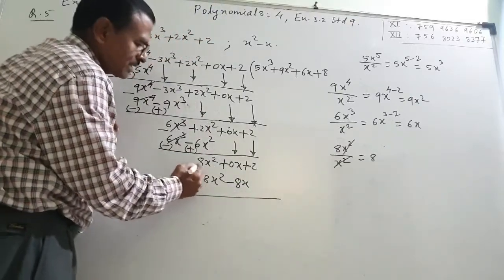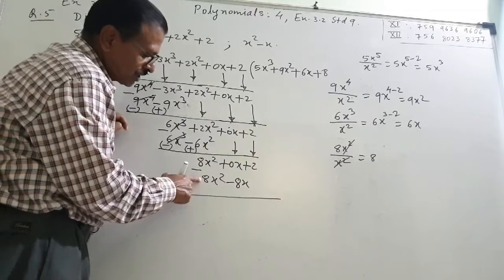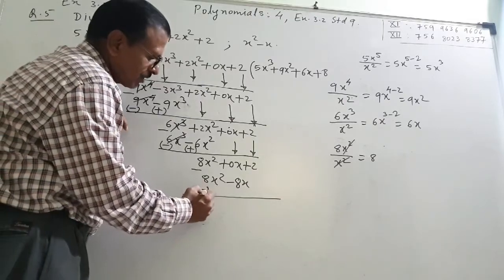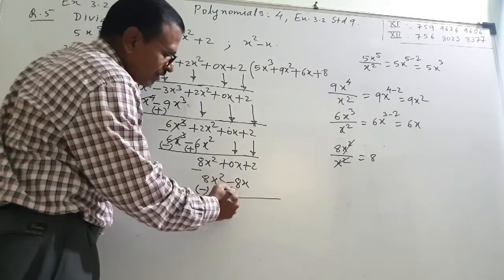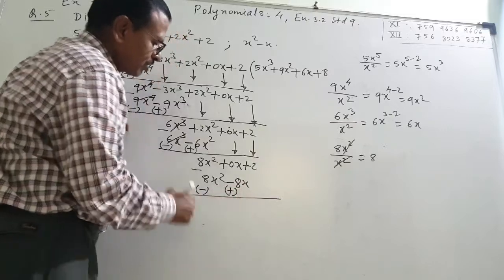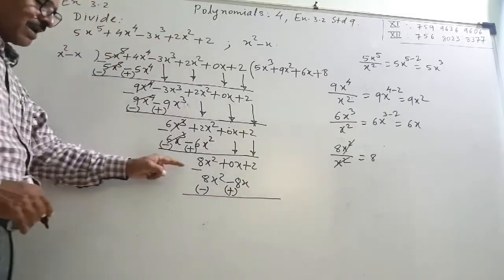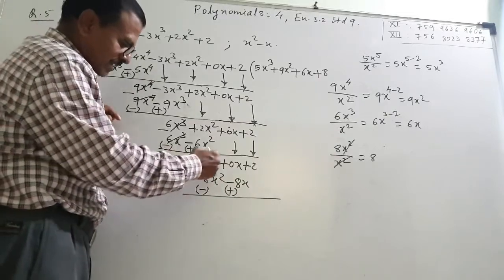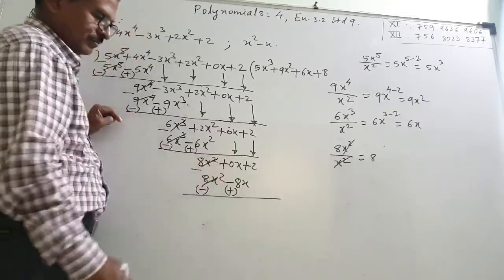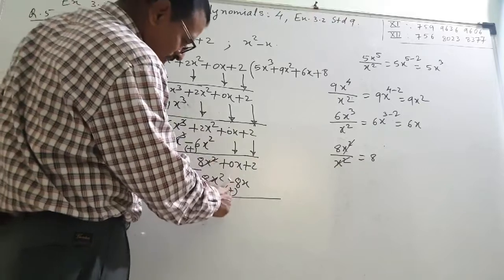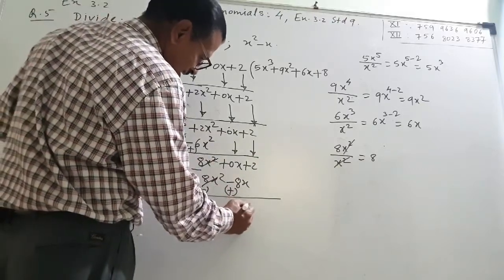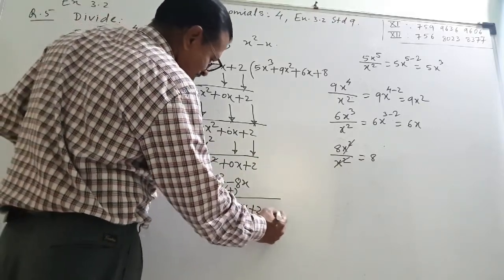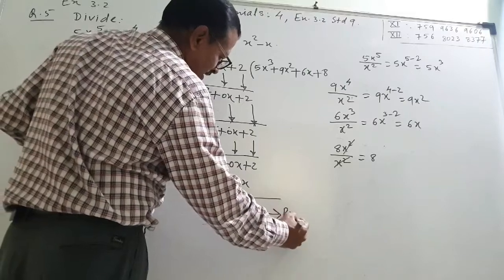Give the minus sign here. This is positive, it will become negative. This is negative, it become positive because I am subtracting it. When I am subtracting, I have to change the signs. This plus and this minus gets cancelled. This 0x plus 8x is 8x plus 2. This is the remainder.